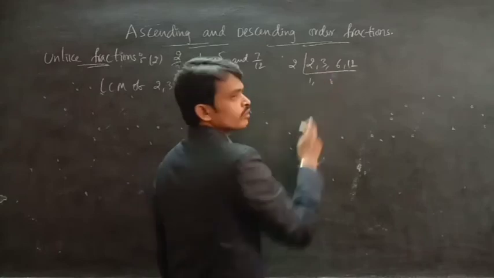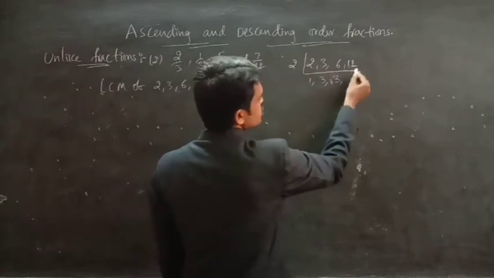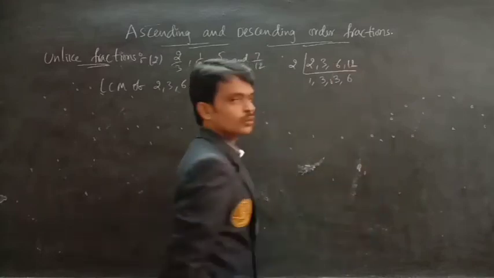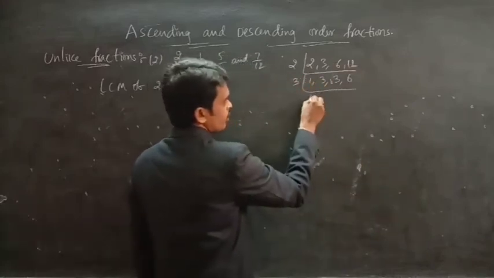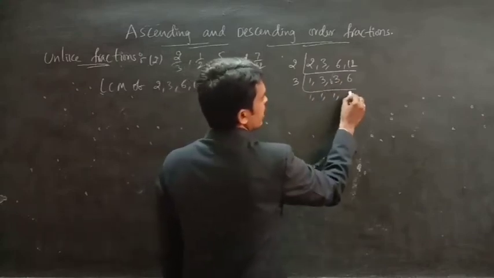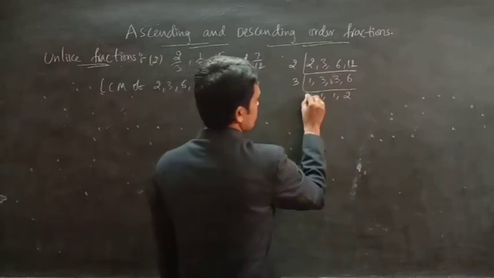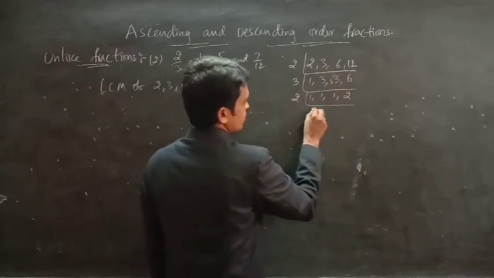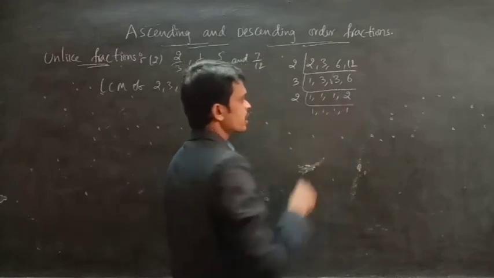In the 2 table, 3 will not come, so let us write it as it is. 2 threes are 6 and 2 sixes are 12. Now we can take the 3 table. 1 as it is. 3 ones are 3, 3 twos are 6. Now again with 2, the 1s we write as it is, and 2 ones are 2.